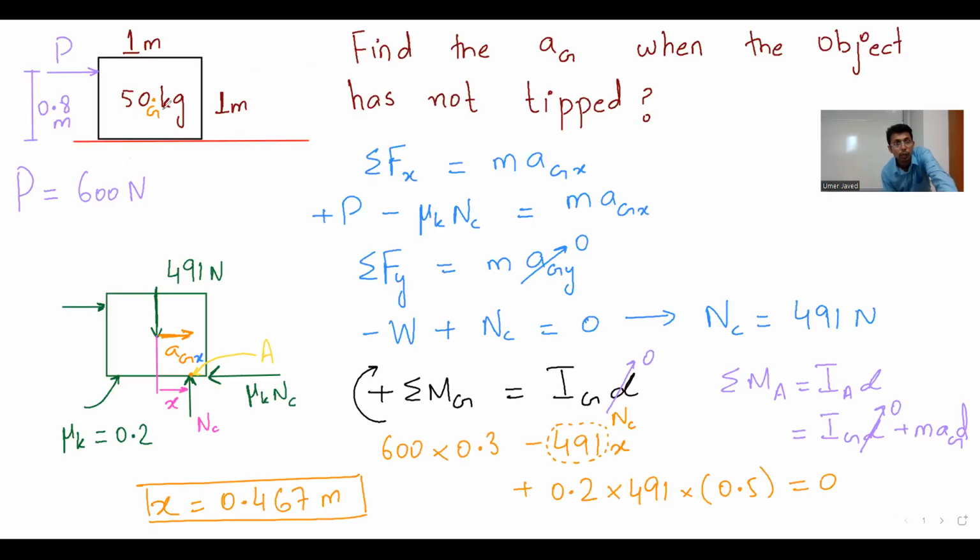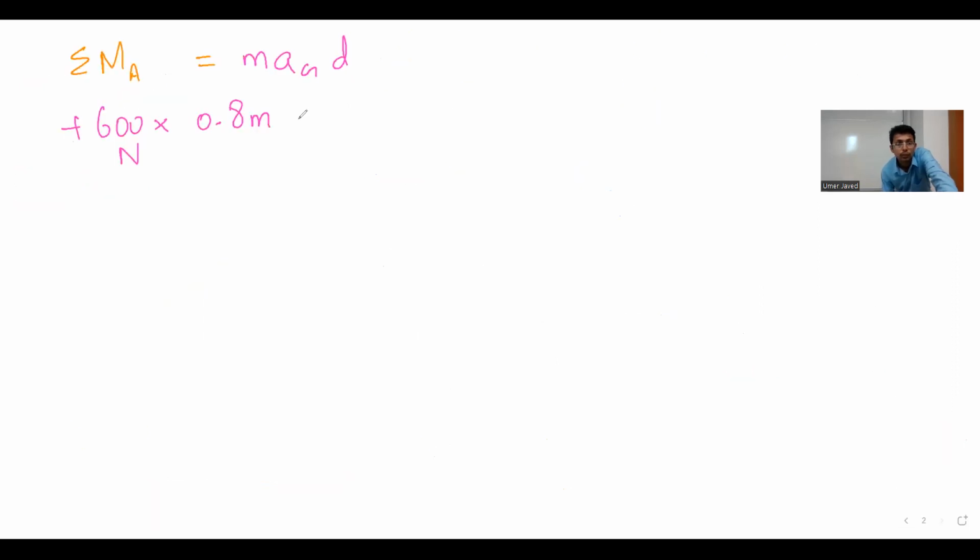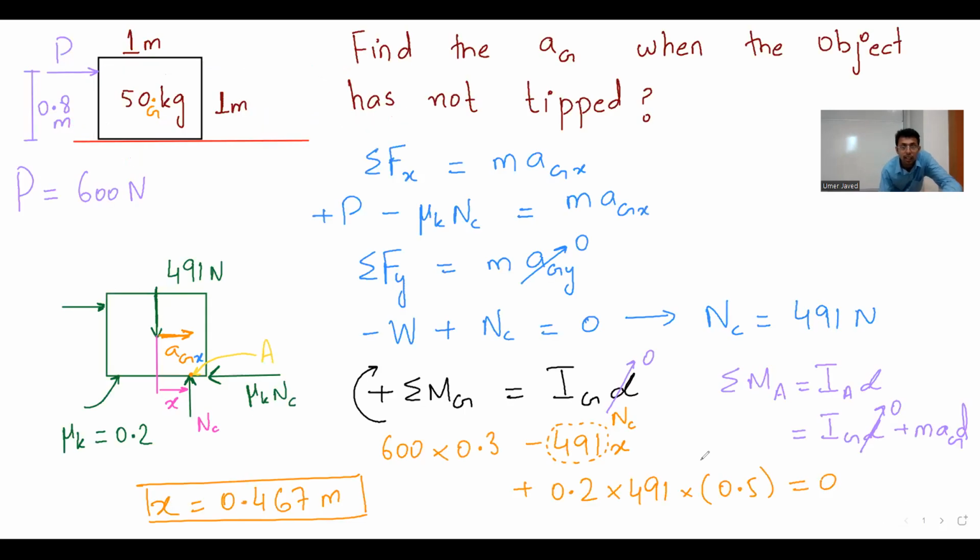Because MAG multiplied by D will give me a clockwise. Then 491 multiplied by X. By the way, I haven't done this before, so if we get the wrong answer, we can discuss next time. This is minus 491 into X.